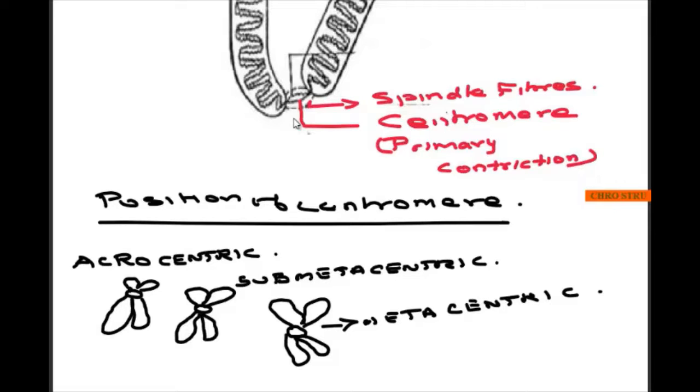Then we will have a chromosome which has a centromere at the end.